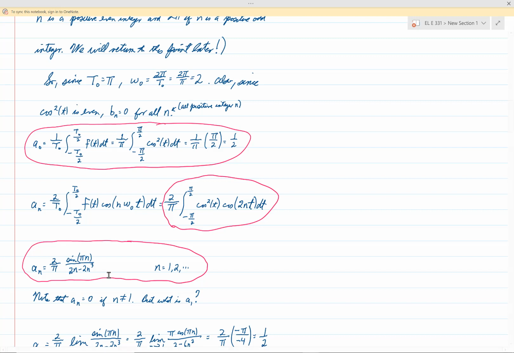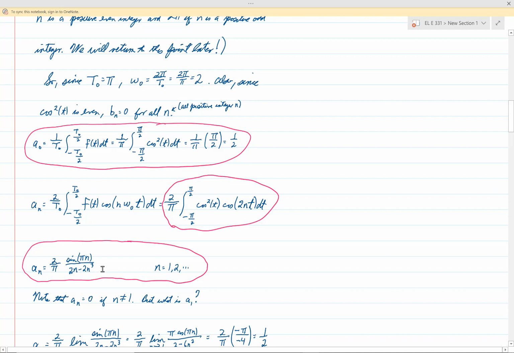But you can't be quite that hasty, because if you look carefully, you will see that the denominator of this will also go to 0 for one of the values of n in that range. Now, for the positive integer values of n, there's only one value of n for which the denominator will go to 0, and that is n equals 1.